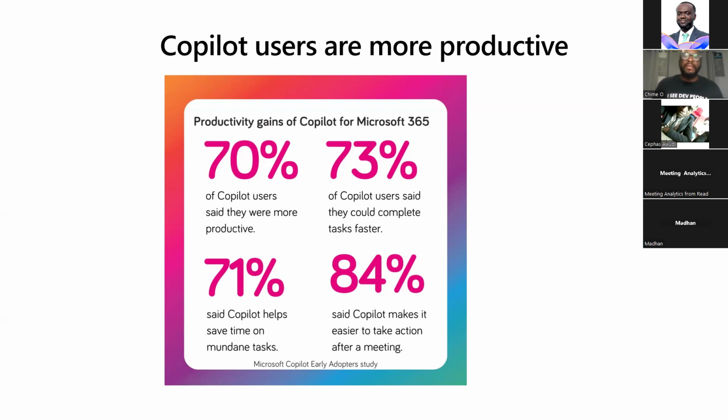From the survey that Microsoft has done, they said 70% of Copilot users, yeah, are saying that they're more productive now. 68% of people have said it's improved a lot of their work. People are saying that it's faster for them to do their tasks, to do their searching, to do their writing, to do their summarizing. Just, yeah, there's a lot of percentages that are coming out from this, okay?